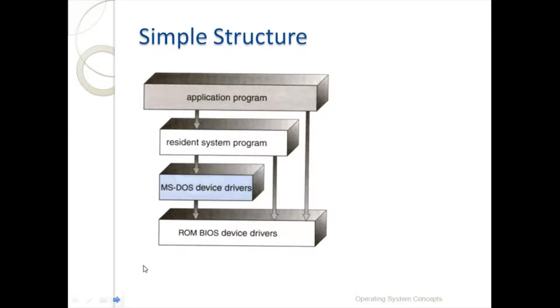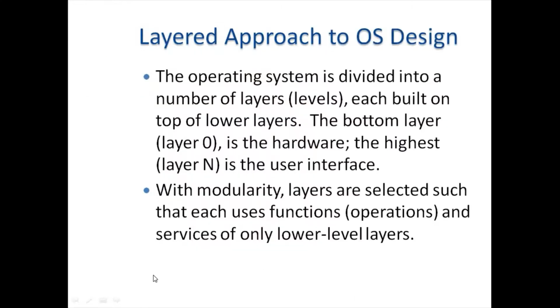So here we see what looks like a layer structure, but the MS-DOS device driver is connected to the ROM device, and the resident system program is also connected to the ROM BIOS through MS-DOS, or it can interact directly with the device driver. The application program also connects through the resident system program, or it can connect directly. So it looks like a layer structure, but actually it is not.